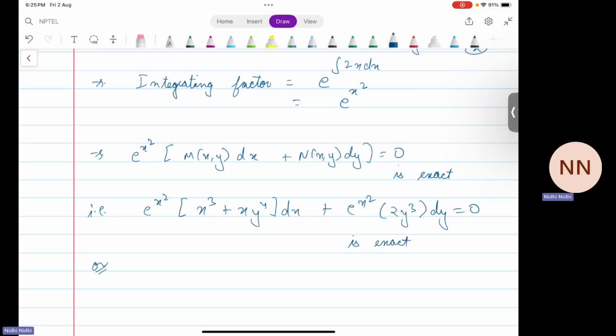Or x cube e to the power x square plus xy power 4 e power x square dx plus 2y cube e to the power x square dy is equal to 0 is exact.